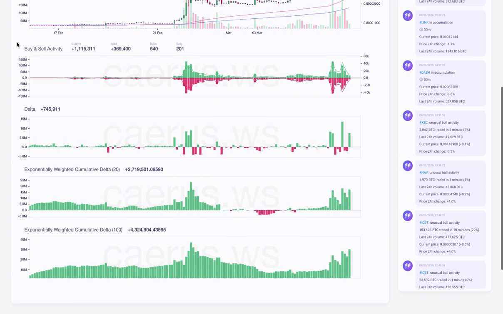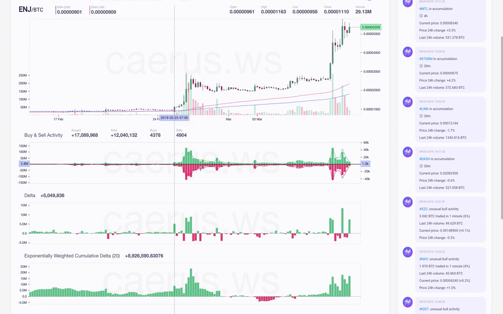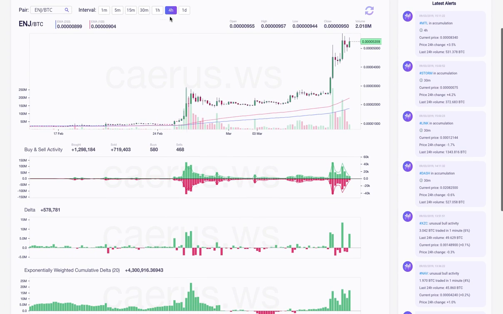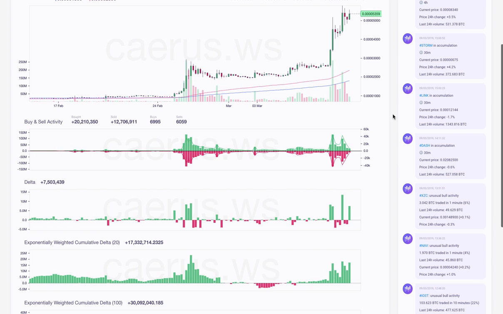It shows how much in total has been bought and sold in every time period. So here we are in a 4 hours time frame, which means that every candle is a 4 hours period. So every bar in this diagram shows the information about the 4 hours time period.